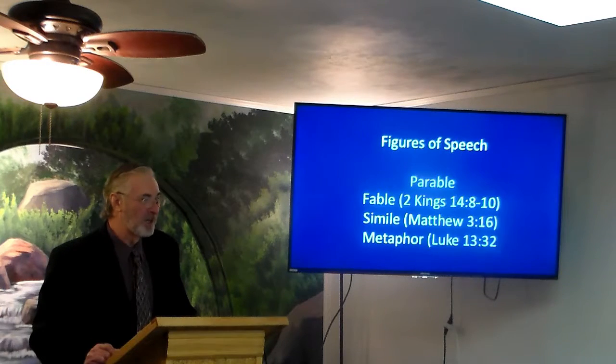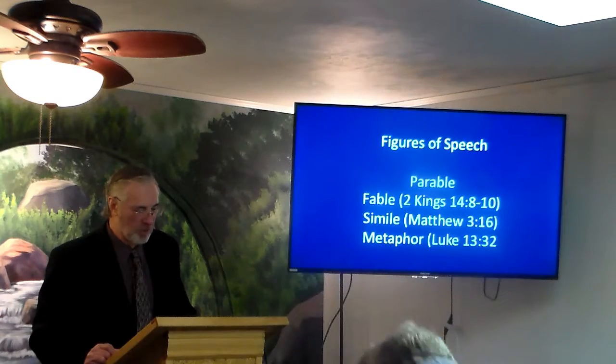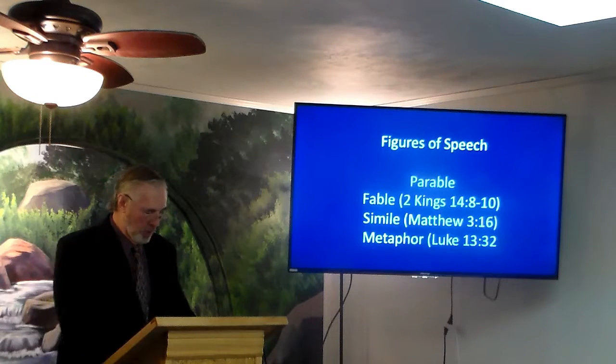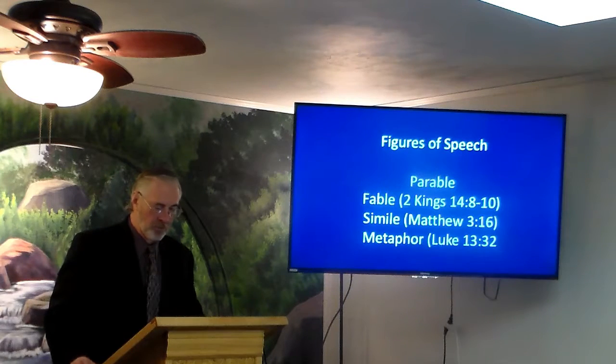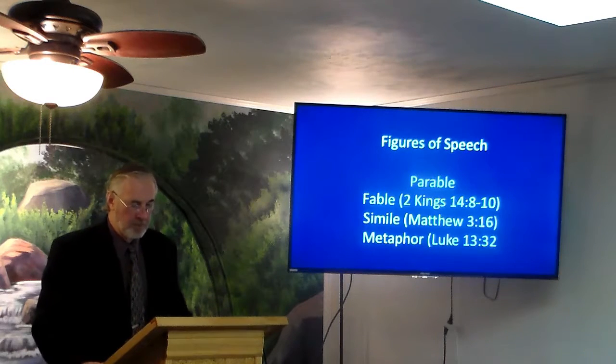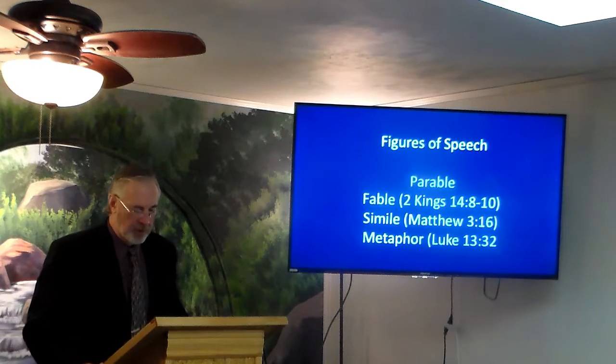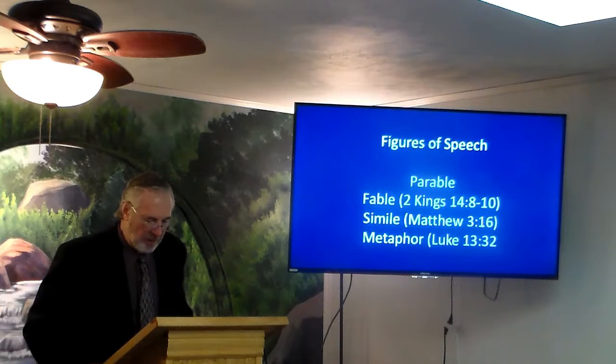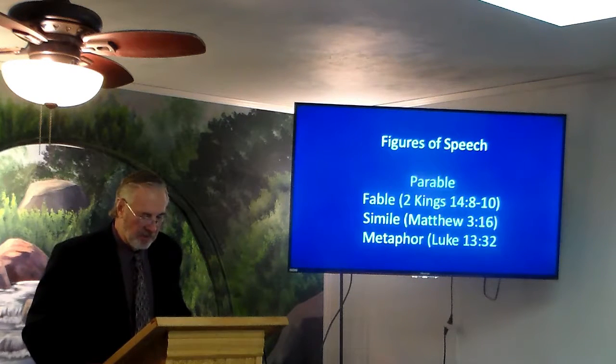But an allegory takes it a little step further, which makes it a little more interesting. So, as we look at metaphor then, a metaphor is a word or phrase which is said to be something else because of a likeness involved.